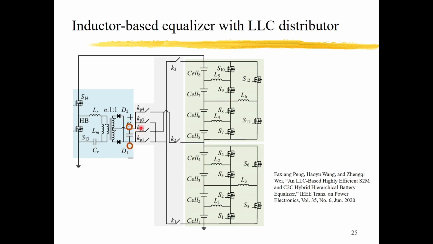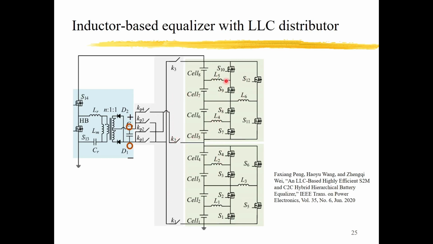The output can be connected to the module by the switches here, by these switches from K1 to K3 and KP1 to KP4. By the operation of the switches, the output can be connected to any one of the modules. So it is called S2M. The energy is transferred from the string to one module.